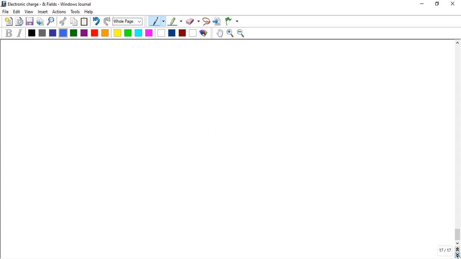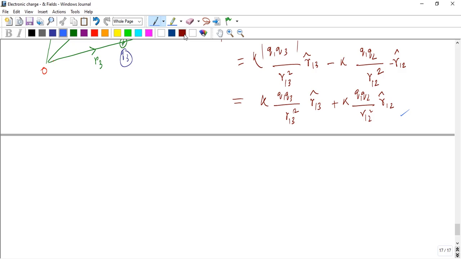Similarly, you solve that. That is equal to K, with Q1 common, Q2 by R12 square, R12 cap, plus Q3 by R13 square, R13 cap.